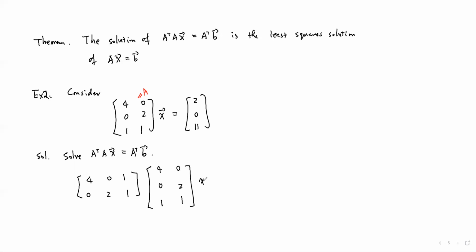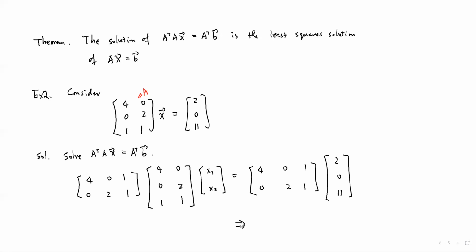Times A: 4, 0, 1, 0, 2, 1. And x, of course, let me write x in detail. Two unknowns, x1, x2. And then A transpose times B, B is here. It is 4, 0, 1, 0, 2, 1, A transpose, times B. Okay.